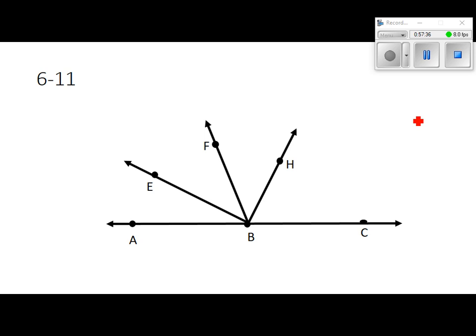Next one, number 6. Number 6 in the directions. They tell us that these two are opposite rays again at the bottom. Ray BH, that's right here, bisects angle EBC.